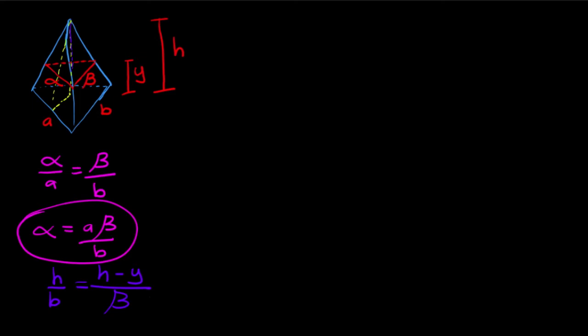And so from this, we can see that beta is equal to b times h minus y over h.